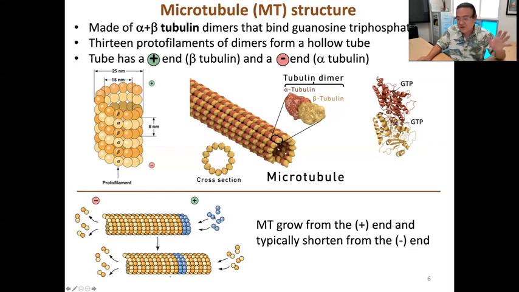So in this illustration, they're just making them blue colored so that you can keep track that these get added to the plus end. The other end is where the dimers are being taken off, right? So the minus end. So if the minus end was stable and not being taken apart, and you just kept adding things onto the plus end, then you can imagine this microtubule growing or elongating.